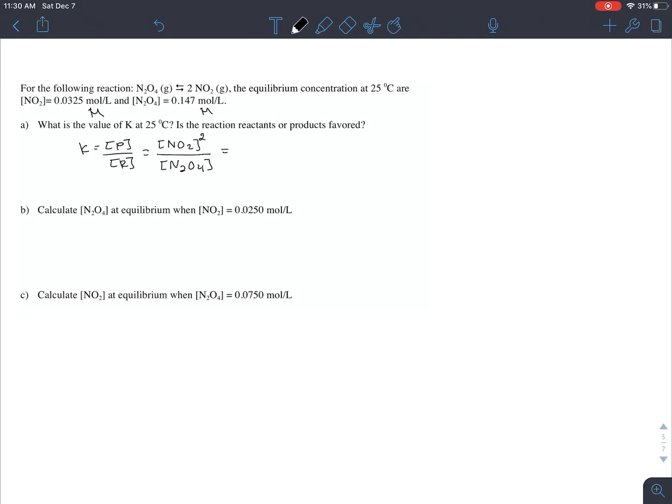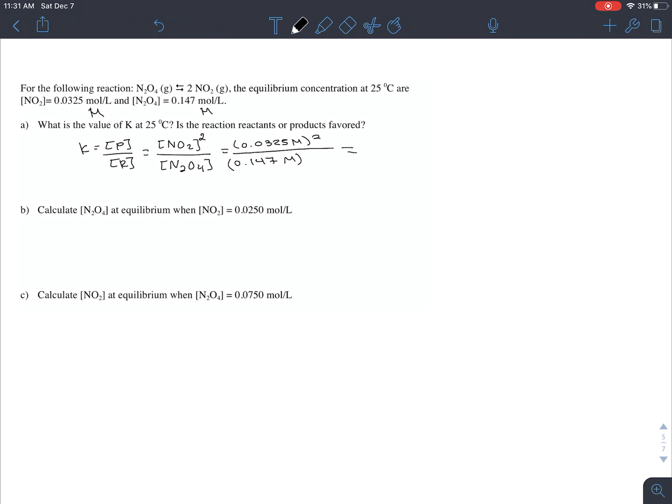I have 0.0325 M or mole over liter, however you want to write it, squared over 0.147 molar, and that's not squared. So take that number and you square it, and then you divide by the other number to get your answer.